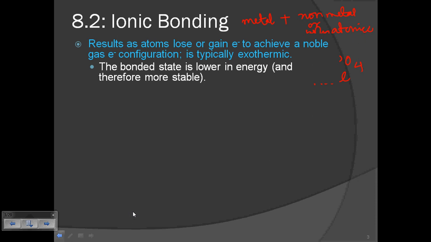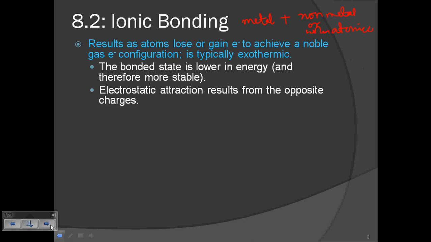The question is, why does ionic bonding happen? Because the bonded formula unit is more stable, or lower in energy, as compared to the ions. So there should be a lowering of energy for ionic bonding, or any bonding in chemistry, to happen.